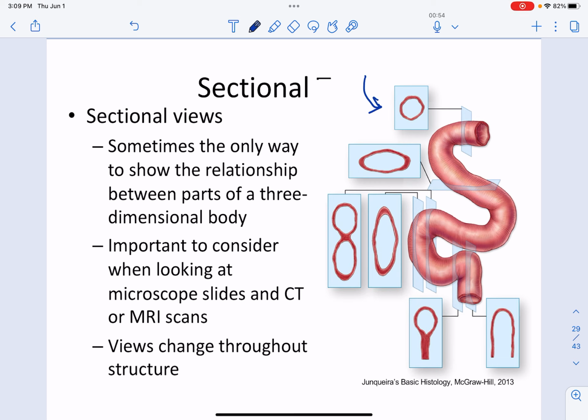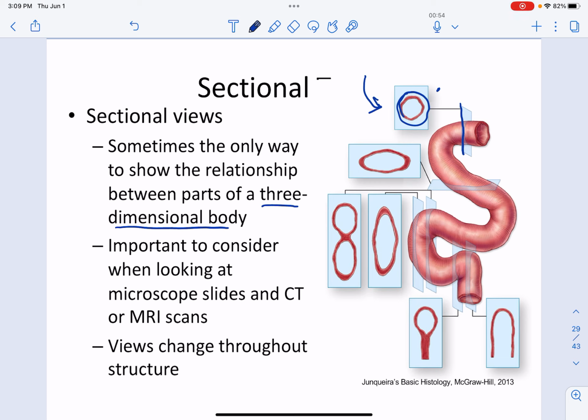You have to always be aware of what it would have looked like in its three-dimensional form. If we look at this first image up here, and we took an exact cross-section of the intestine, we would get this nice round image here. But that's not always the case.